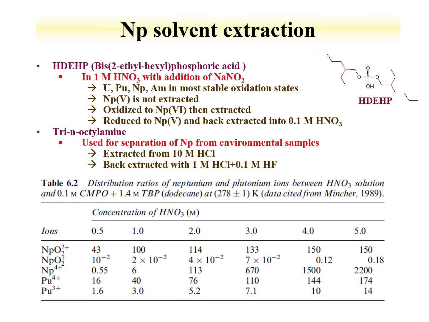And if we examine a system such as 1 molar nitric acid, this mixture of CMPO and tributyl phosphate has a very high extraction for neptunium-6, extremely low for neptunium-5, and above 1 for neptunium-4. So here's a clear example of how the role of the neptunium oxidation state will vary the extraction behavior as a function of acid concentration.